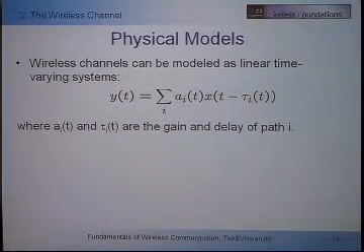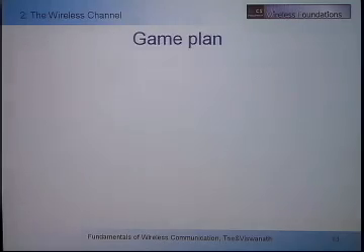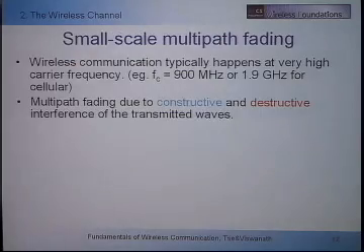Because to a very good approximation, wireless channels are really linear. So here we have the received signal is the sum of a bunch of delayed versions of the transmitted signal attenuated by some gains. So remember our picture here, multipath.